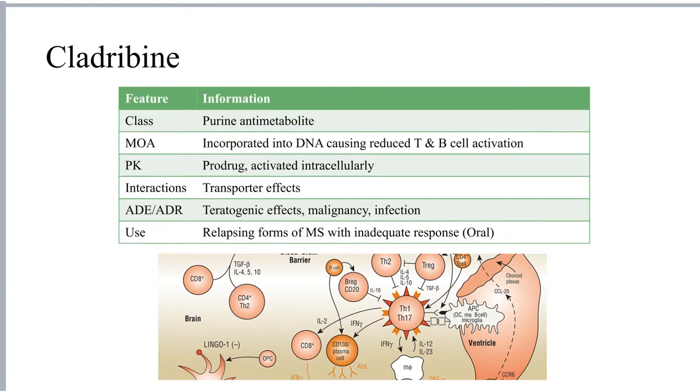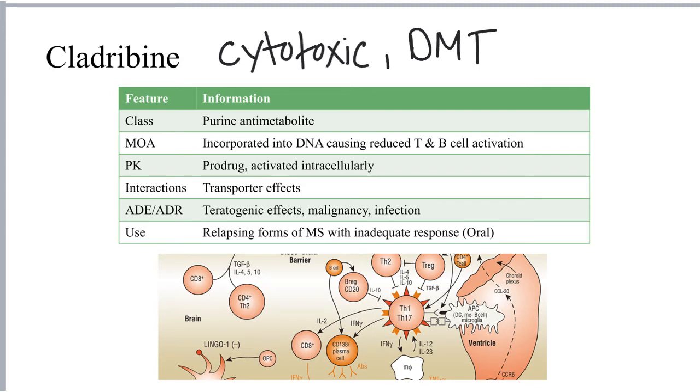Cladribine is the other of the two cytotoxic drugs. It is also used in cancer chemotherapy. Cladribine is a purine antimetabolite. So where teriflunomide reduced pyrimidine synthesis, cladribine decreases purine synthesis. Its mechanism of action is that it is actually itself incorporated into DNA.